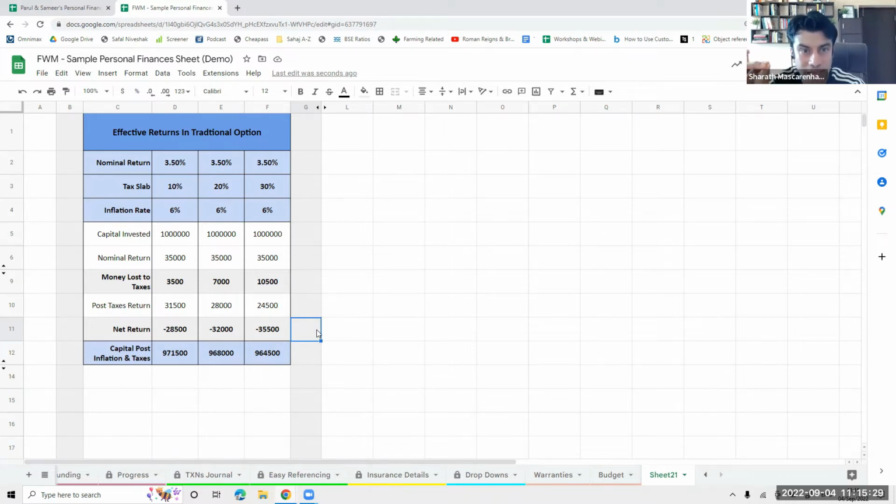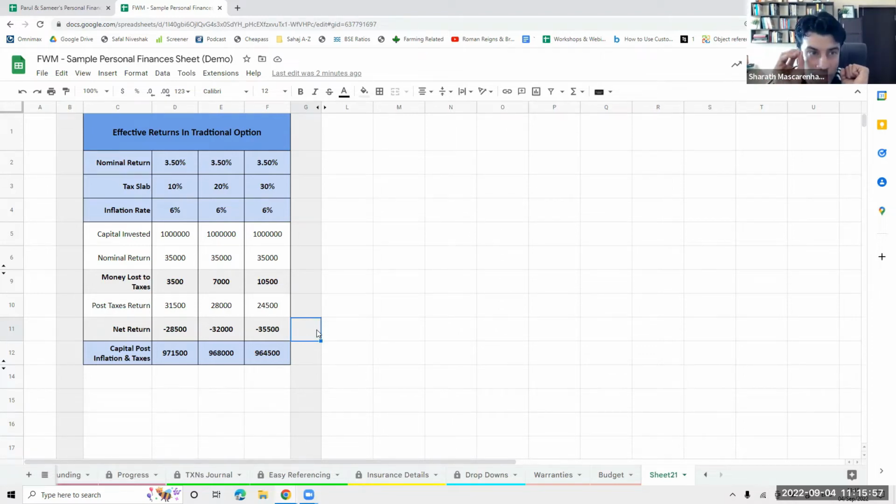If I'm in the 30% tax bracket, 30% of 10% is 3%. Is that correct? So my actual return after taxes is 7%. Excellent. And if my inflation is at 6%, now how much am I making? 1%. So year in, year out, I'm actually making only 1% returns.